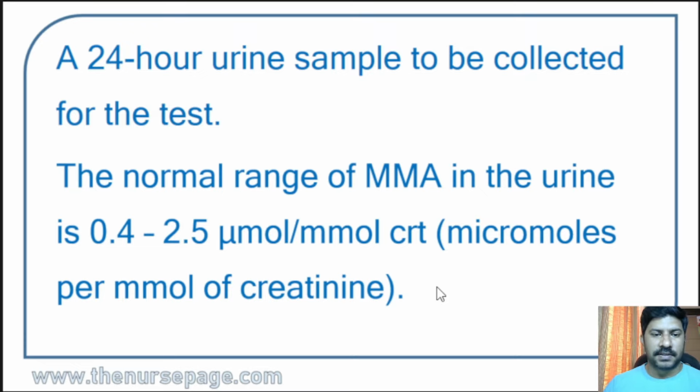So that is the normal range of methyl malonic acid, used to assess vitamin B12 or cyanocobalamin deficiency. If the amount is high, there is a chance of vitamin B12 deficiency, or a possibility of decreased absorption of vitamin B12.